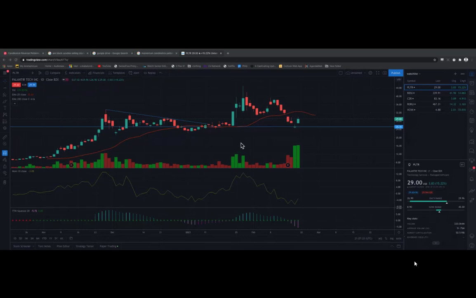So I want to take a look at some of the charts that we talked about on Friday, and we'll just look at it from that. Now, with all of our watch lists, you have to do your own due diligence. We're not financial advisors, and we've never said that. And I've never said that these are things that you can just go and buy and you're going to be great, right?